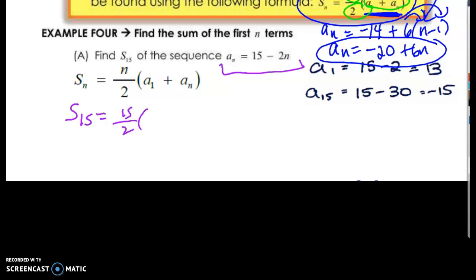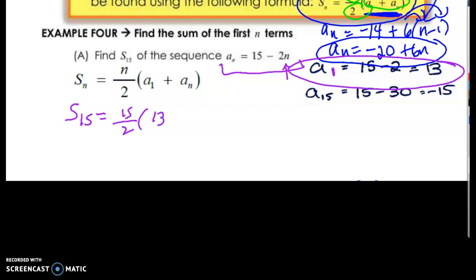First term is 13. Let me just make sure. Yes, 13. The reason we know that is, if I go ahead and plug in 1 here for n, a sub 1 turns out to be 13. So I'm putting in 13 for that.